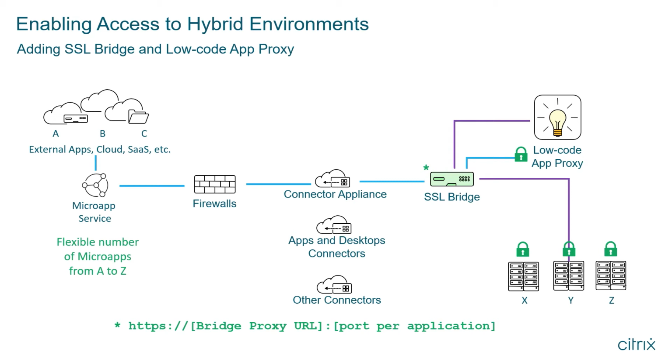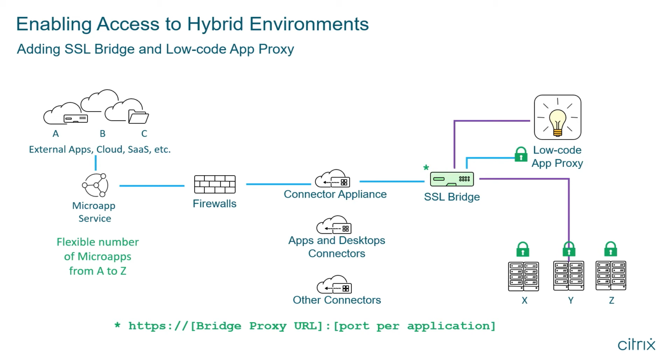But after the SSL bridge, that infrastructure becomes obscure to the microapps, and in fact, it can be obscure also to our proxy. Because once our proxy receives a request from the microapp service, through the Connector appliance and SSL bridge, based on the REST request, it will know what port is associated with which application.